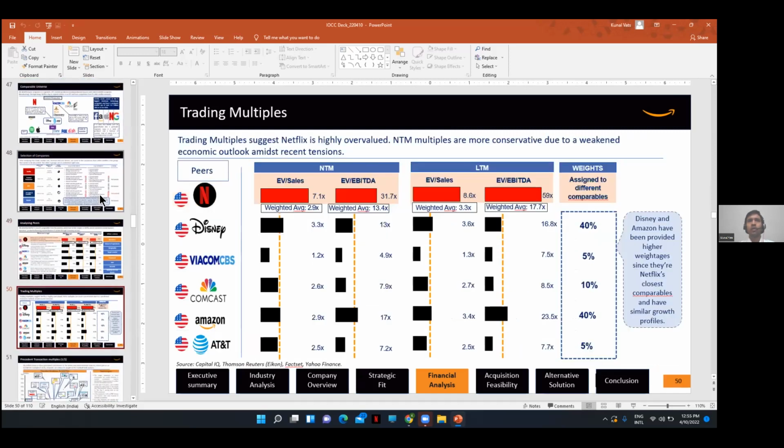When we look at trading multiples, we can see that Netflix is overvalued in terms of the trading multiples we have seen. And the next 12 months multiples were a little conservative because of COVID and the onset of uncertainty that accompanied it. So yeah, we have trading multiples comparison as well with the five closest peers.